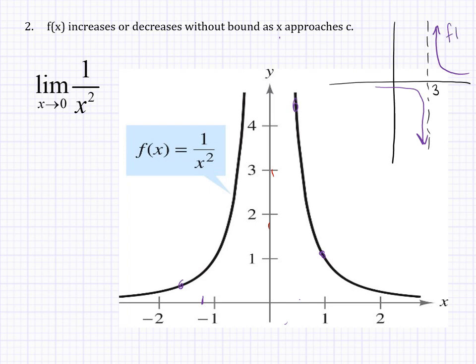So that's what my function looks like. And so if I said, what's the limit as x approaches 3 for this function? So I look and say, okay, well, as x gets closer and closer to 3 this way, my graph is doing this, and it looks like the y values are going to positive infinity. As x gets closer and closer to 3 this way, my graph is doing this, and I'm going to negative infinity.